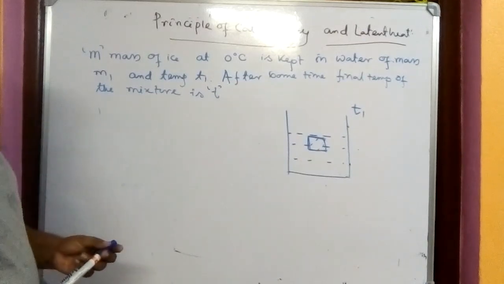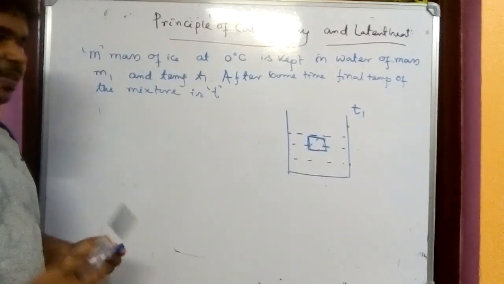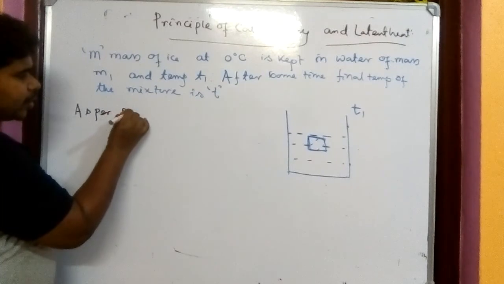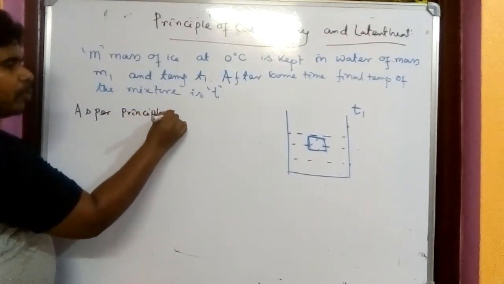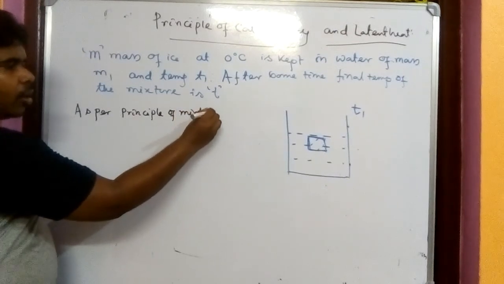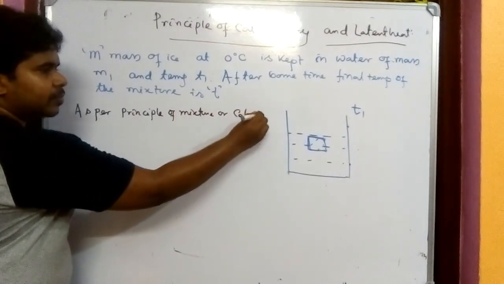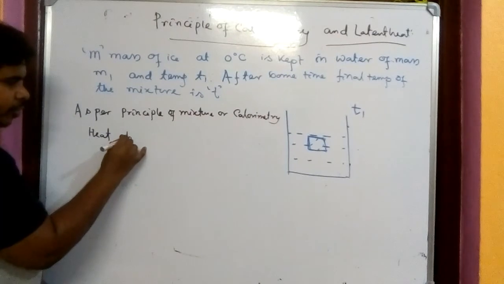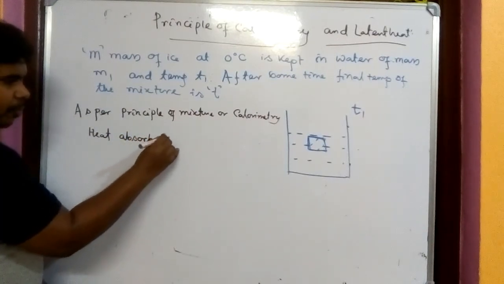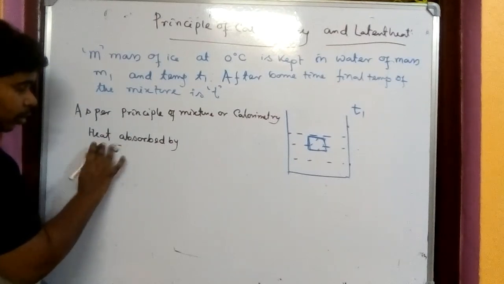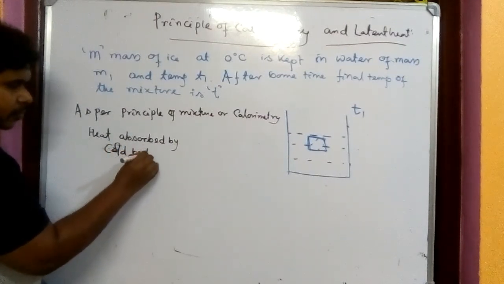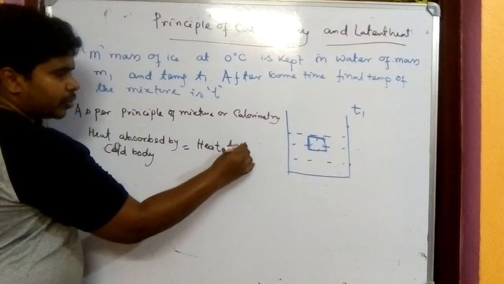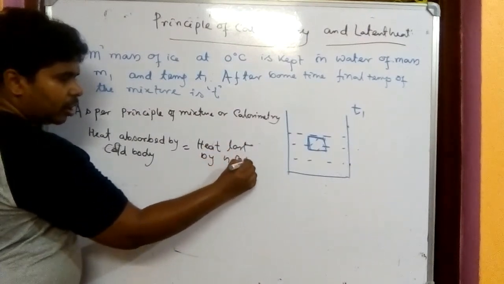Okay, now what can we do here? Here we can write, as per the principle of mixture or calorimetry, heat absorbed by the cold body is equal to heat lost by the hot body.